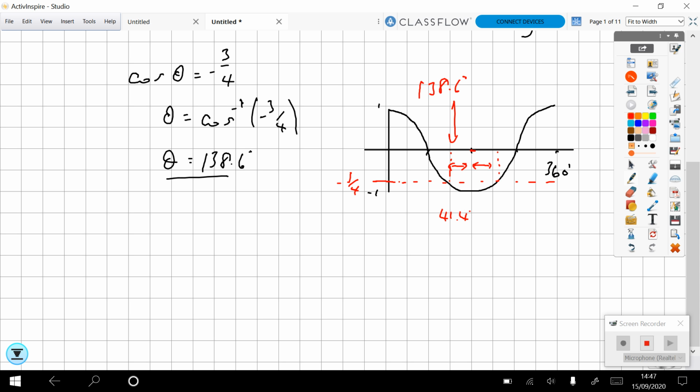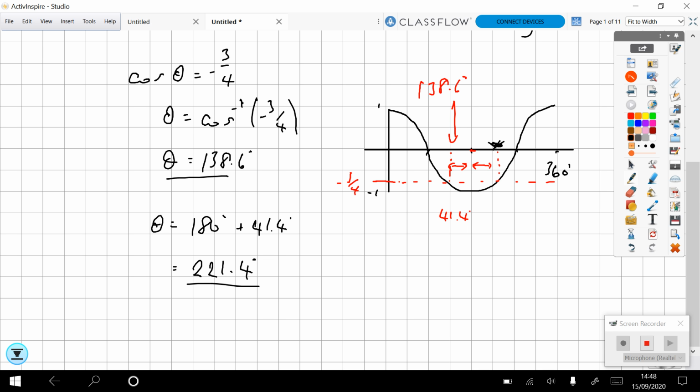So if I add 41.4 degrees onto 180, then it should get me to here. 180 plus 41.4 is 221.4. And if I work out on my calculator cos of 221.4, it should make almost but not exactly -3/4. And it does. The reason it's not exact is because I rounded my original answer.